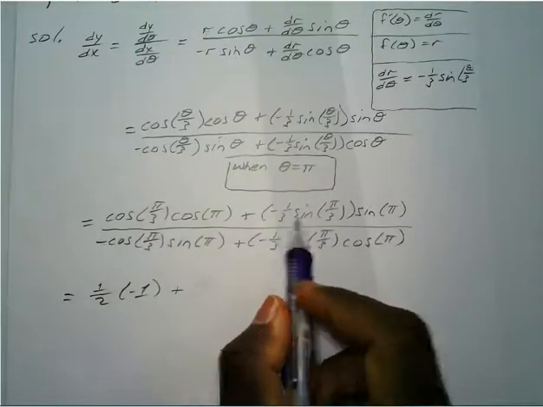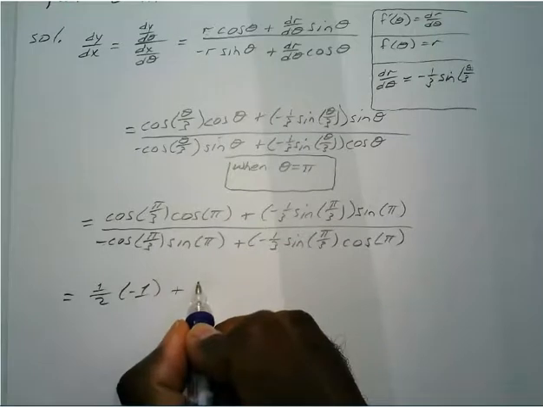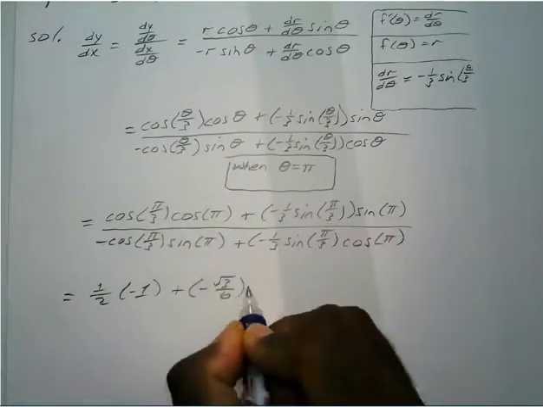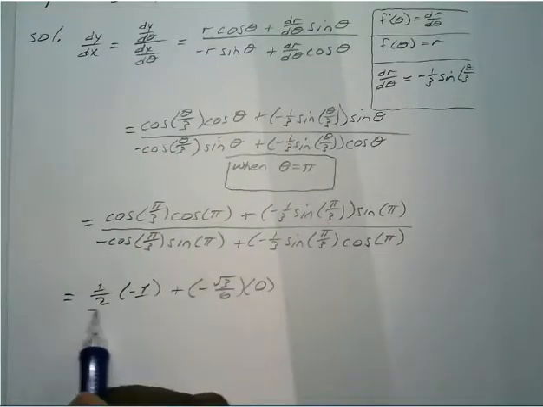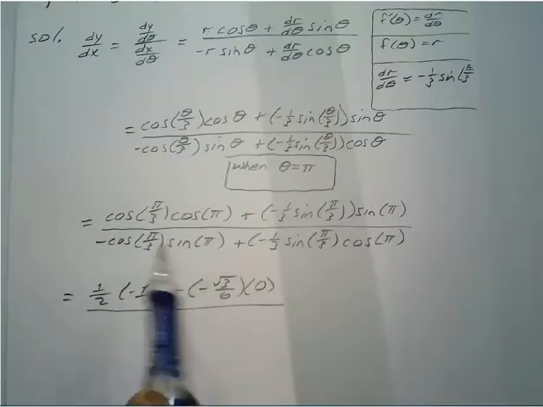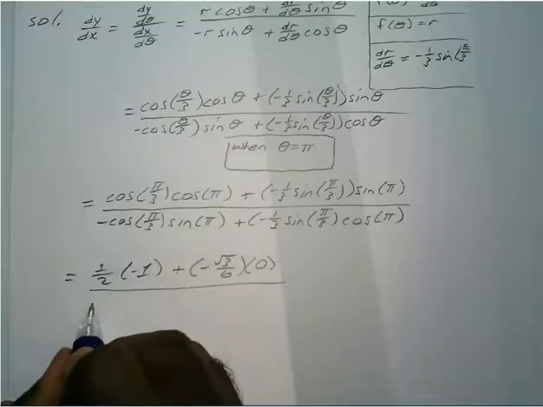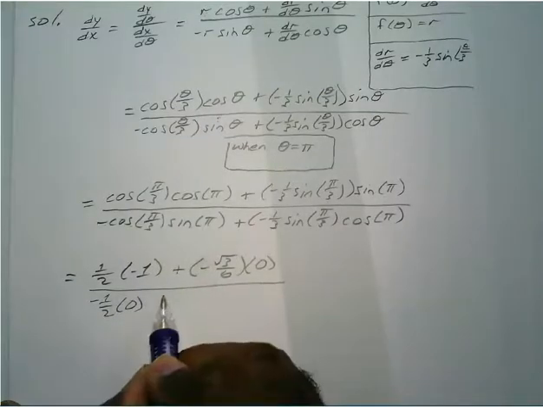So -1/3 times sine of pi over 3 is -square root of 3 over 6. So we have -square root of 3 over 6 times 0. That's our sine of pi. Over, again, you have sine of pi, which is 0, so you don't have to solve that one. I'm going to do it anyway. So negative cosine of pi over 3 is -1/2 times 0.